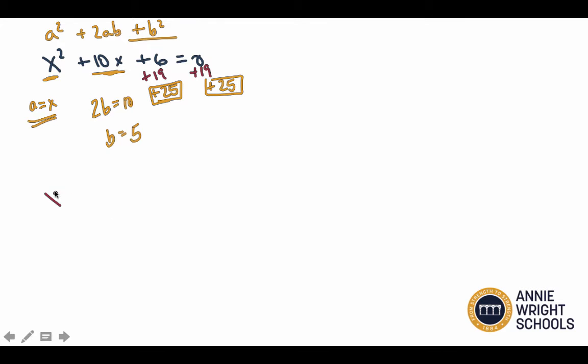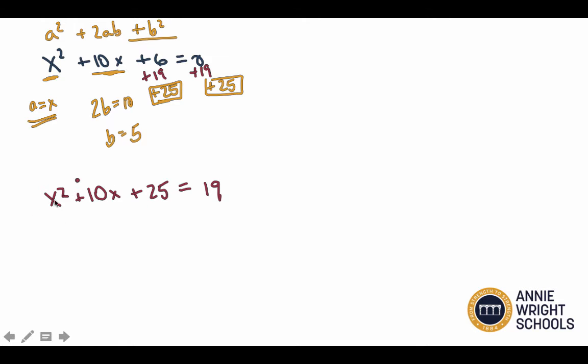So now I have this, x squared plus 10x plus 6 plus 19, which is plus 25, and that equals 19. Now earlier we were talking about how we wanted our quadratics to equal 0, but that's because we were using the fact that two things multiply to get 0, one of them has to be 0.